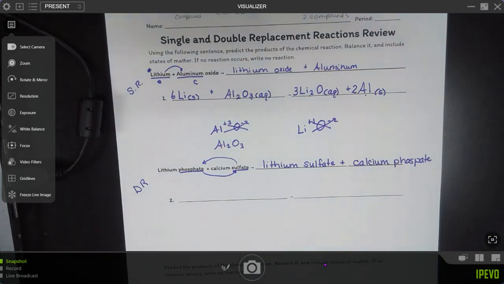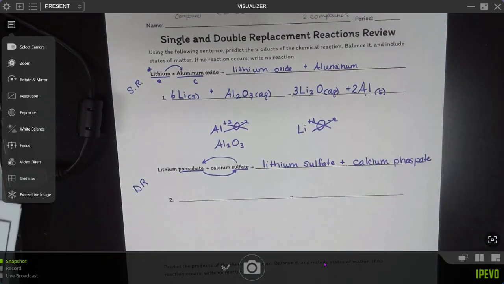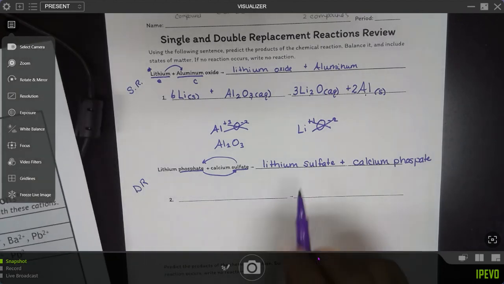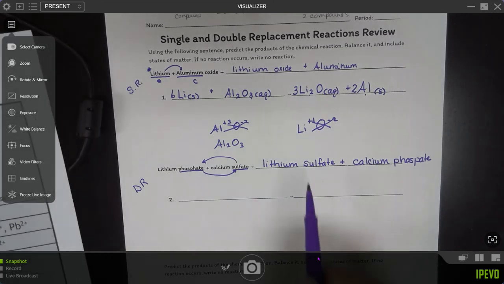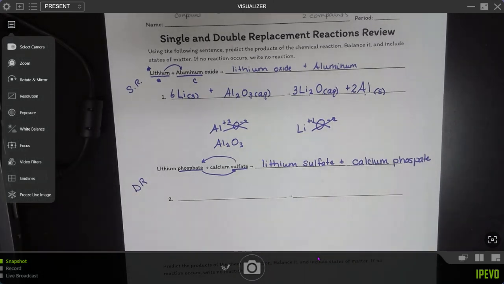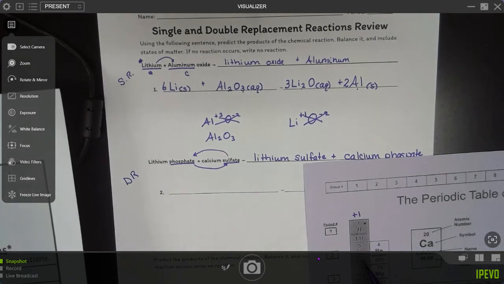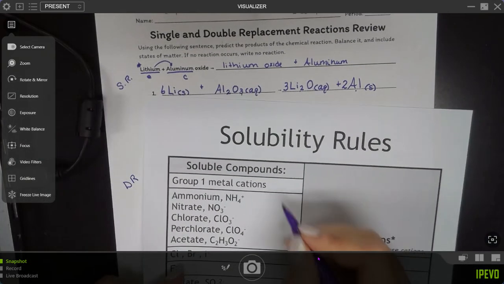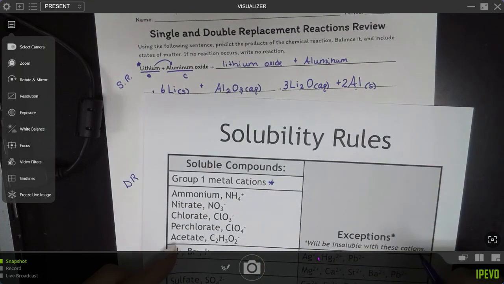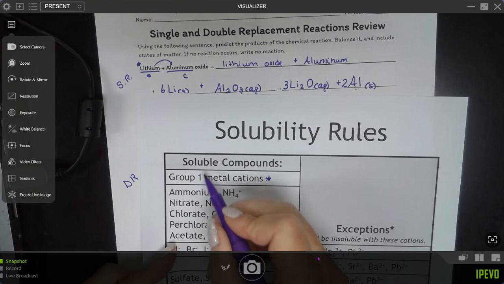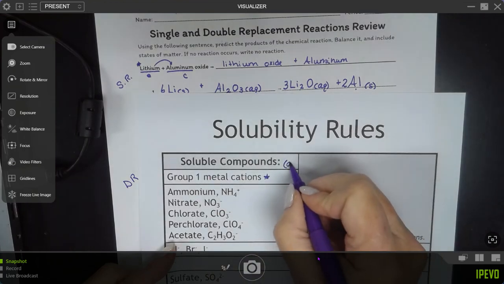Okay. Now remember, for double replacement reactions, sometimes they don't happen. And what we've got to do is find our compounds on our solubility table. Lithium is a group 1 metal, okay? One of the key solubility rules is that all group 1 metals are always soluble, which means aqueous.